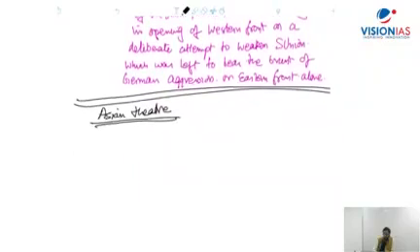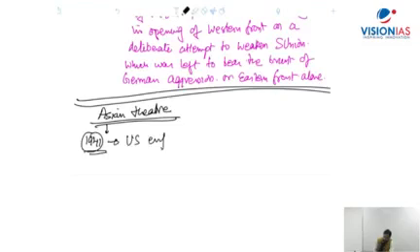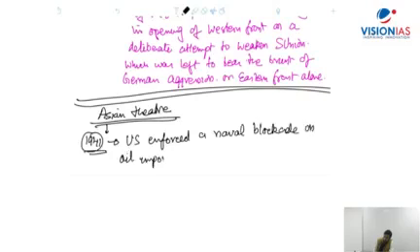Now, writing about the Asian theatre, we say that in 1941, the US enforced a naval blockade on oil imports to Japan.